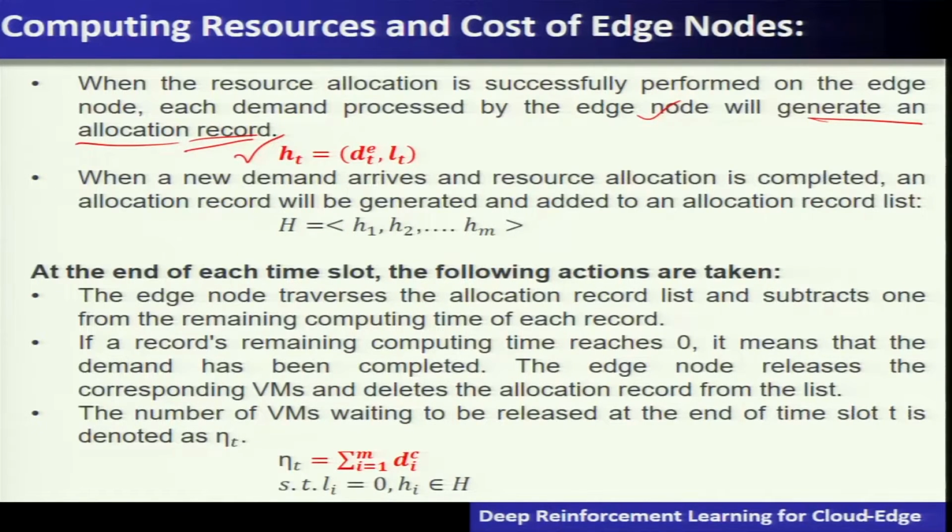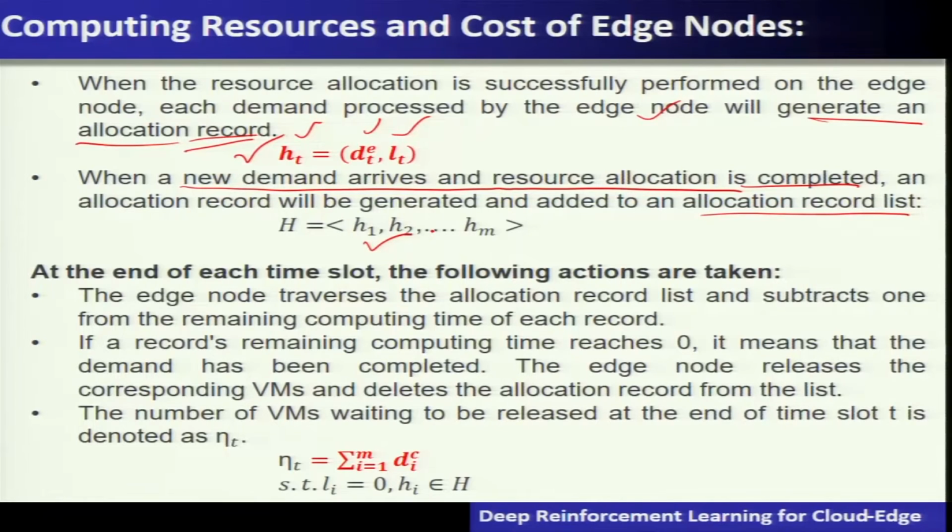That means if resource allocation is decided by some strategy, then it will be represented by this resource allocation record H, that is nothing but DE, the virtual machines made available from the edge node, and IT, the time for which these virtual machines will be provided by the edge node. So when a new demand arrives and the resource allocation is completed, an allocation record will be generated and added to the allocation record list.